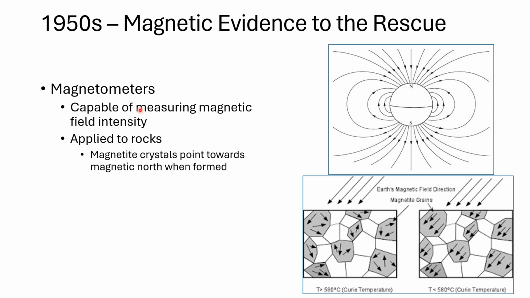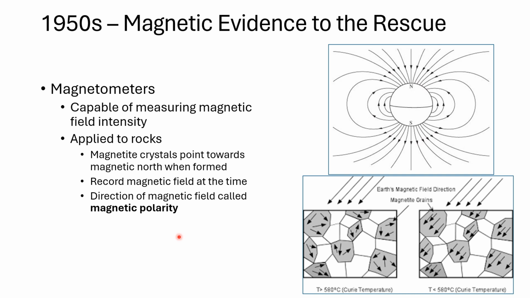Well, in an igneous rock, when that mineral was crystallizing, when it's molten and it's beginning to crystallize, those crystals would align with Earth's magnetic field at the time that rock is formed. So they line up, which created this record of where the poles were. We created this map of Earth's magnetic field.